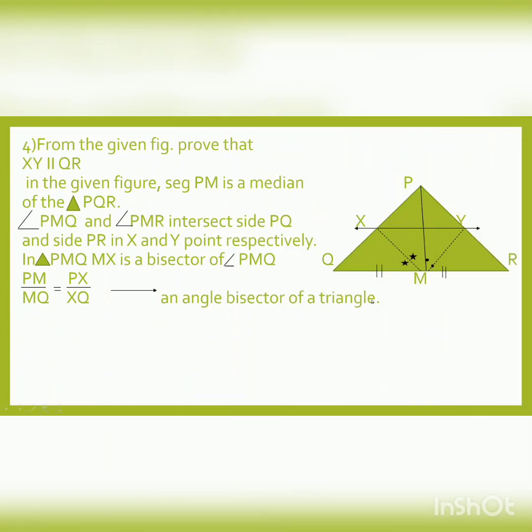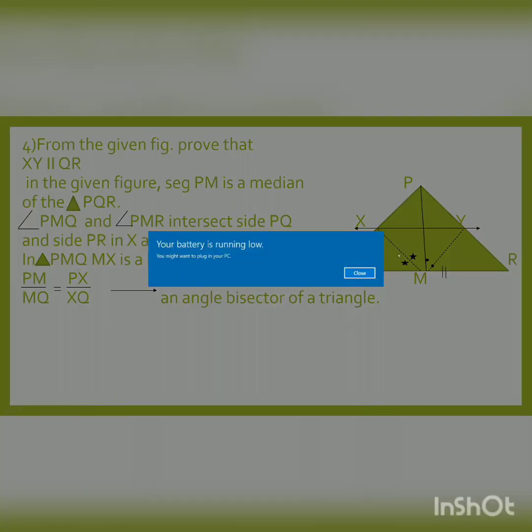In our BPT theorem we saw if XY is parallel to QR, then we prove PX upon XQ equals PY upon YR. Means in the BPT theorem you saw if any line is parallel to one side of a given triangle, then the ratio of the remaining of both sides is equal.